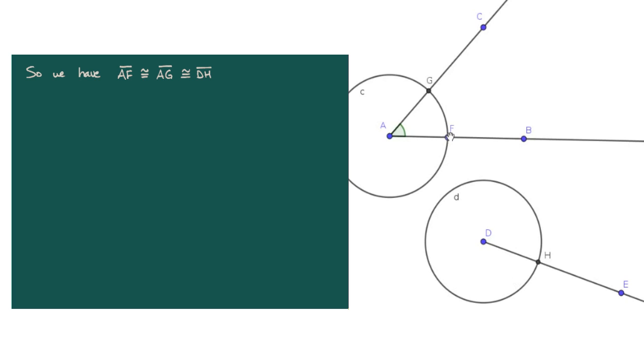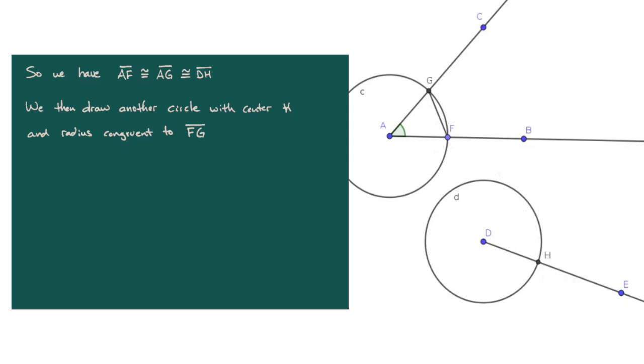So what we're going to look at now is the segment here at FG. Now I want to construct a circle with a center H, and I want the radius of my new circle to be congruent to the segment FG.